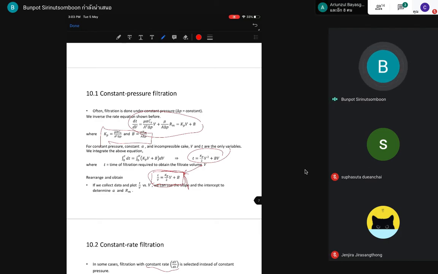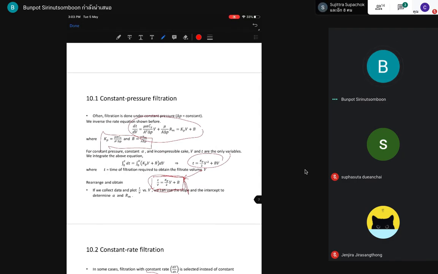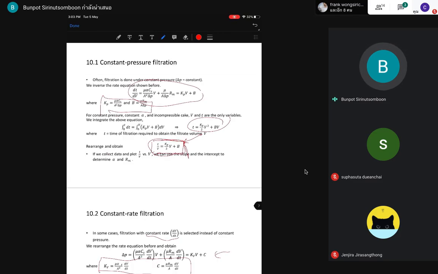These can be used to determine alpha and Rm, which give you information about the resistance of the cake and the filter. So you do the experiments to learn about the properties of the cake and the filter.